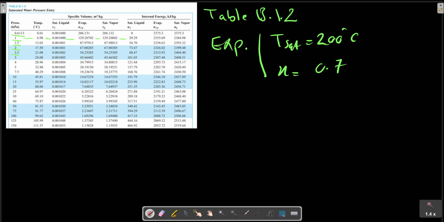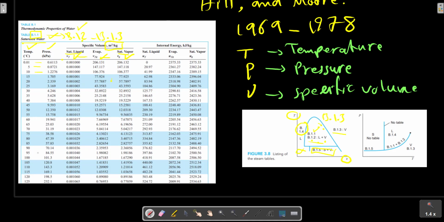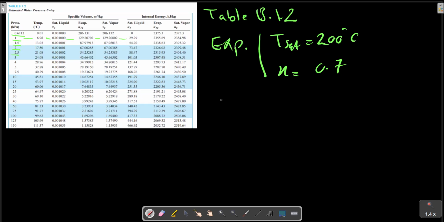So from the previous table, for the 200 degrees, we can read from the table the values of Vf and Vg.